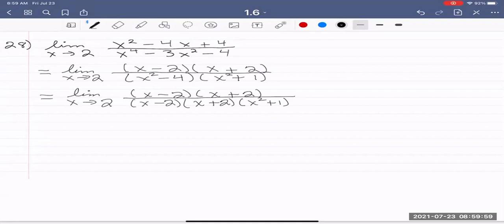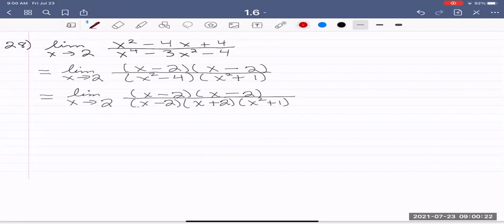Ooh, wouldn't it be nice if I factored correctly? Sorry, I factored the numerator wrong. Okay, so luckily I found out before I plugged in. Next, let's simplify this.